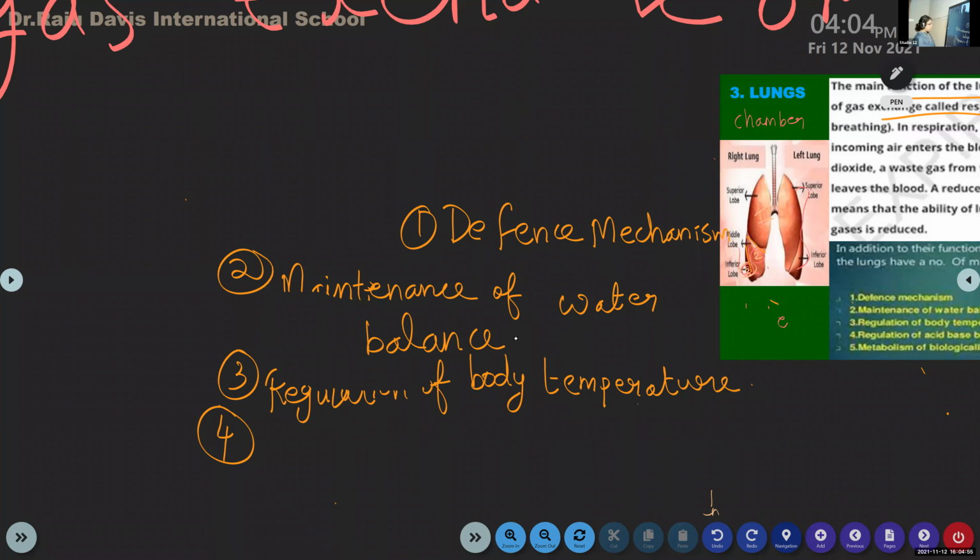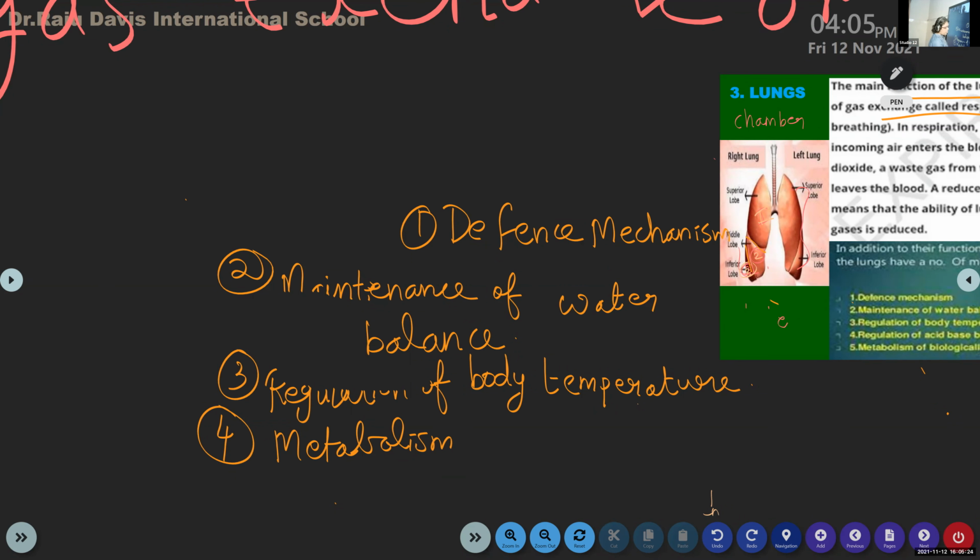The next one, metabolism. So what do you mean by metabolism? It's a biological word. The entire system of our human body, we call it metabolism, because we are a material. Human body is a living matter. So the entire system, we can call it the metabolism of a human being. If you take a fish, we can say metabolism of fish. So that's a common name.